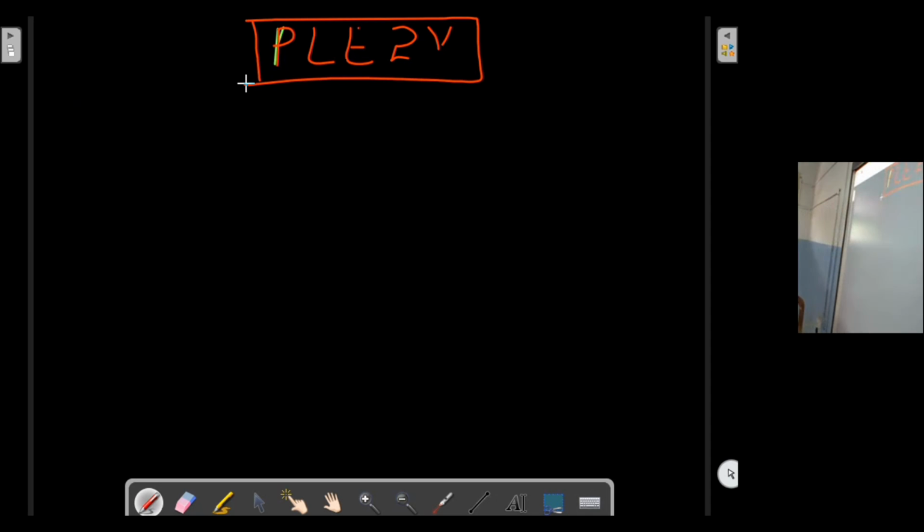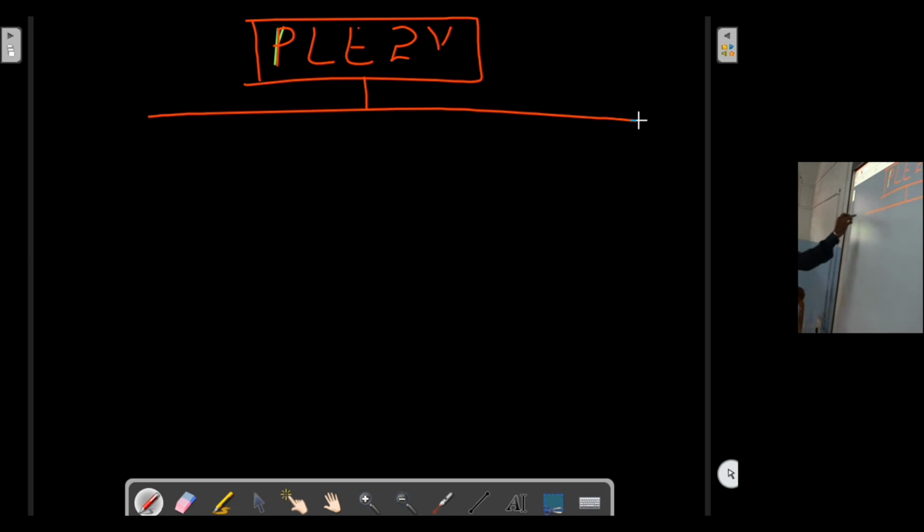You have to write like this in a chart. For a pair of linear equations in two variables, we have four methods, just as a quadratic equation has some methods to solve it.